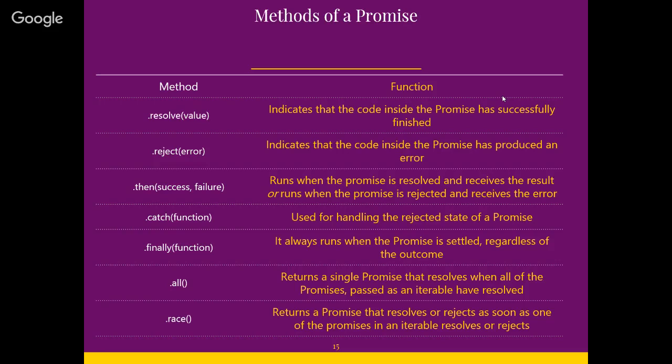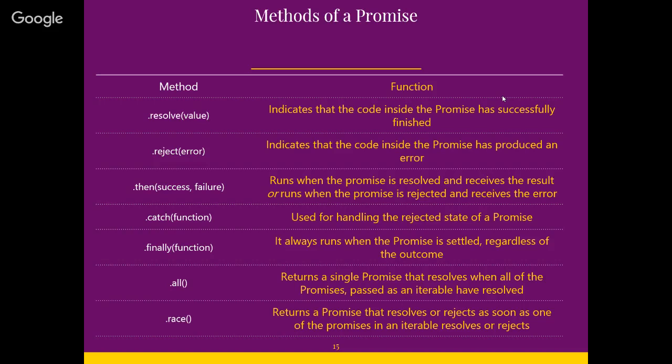Actually, the catch method is kind of a sugar-coated then method that has the same function passed as the success and the failure callback. If you have the same function as both the success and the failure callbacks of a then method, the same function will run regardless of the outcome of the promise. But it's common to use the catch method instead.